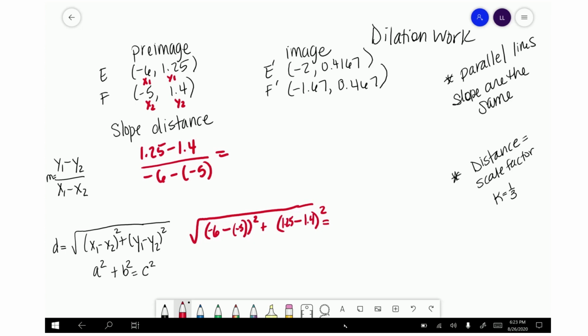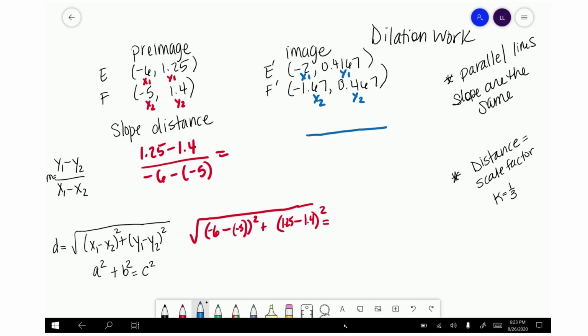I'll do the same thing over here. Find the slope and distance of the image. Let's do that in a different color. Making sure you understand how to do this, and you're going to compare when you're done.